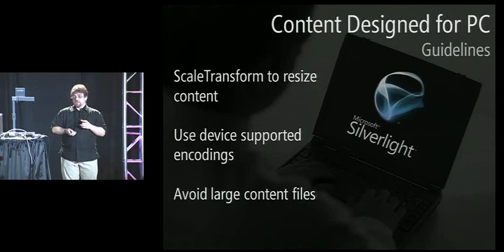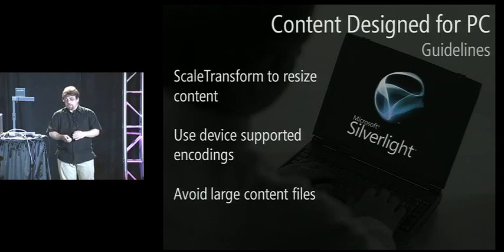Devices have limited resources, be they processor speed or RAM or physical storage. You don't have as much space as the PC. For years, I've always said that PCs are essentially infinite storage, infinite resources compared to what you can carry in your pocket. Devices are getting faster and more powerful, but they still will lag behind the PCs. So try to avoid large content files and putting the device under undue memory pressure.